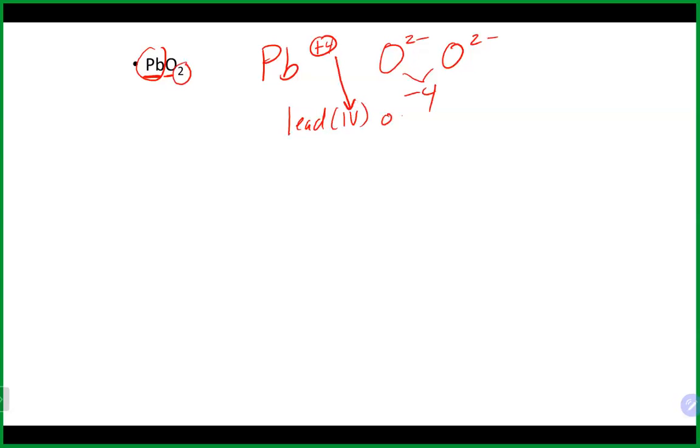So in this particular case, we have a lead with, I'm not sure, but we do have oxygen, which is group number 6, and that means it should have a -2 charge. And once again, here there are 2 of them, which means that's a -2 each. It's a grand total of -4, which means in this case, the lead is +4. So this would be lead Roman numeral 4. And once again, oxide would be there.